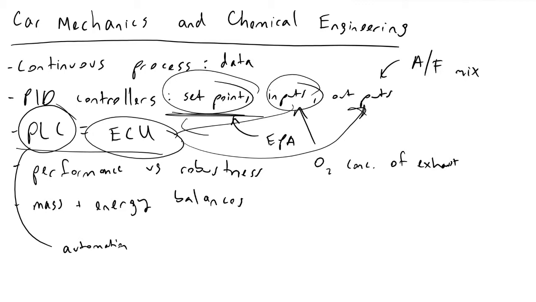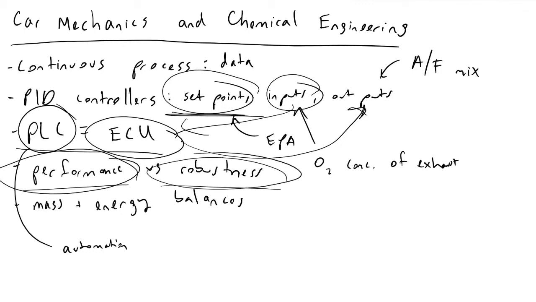Another thing we talk a lot about, especially in a chemical engineering process control class, is performance and robustness. When we're looking at cars, revving your engine really high will give you great performance, but you trade off your robustness because you're likely to blow a rod or a piston.